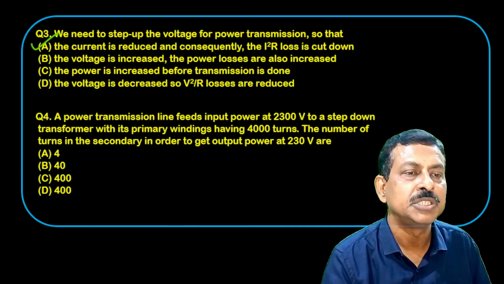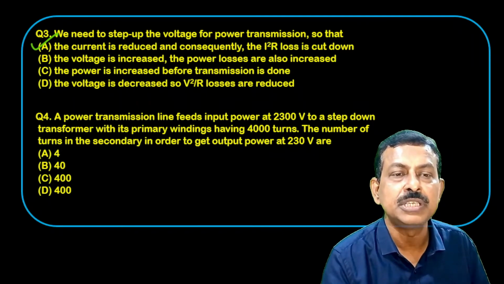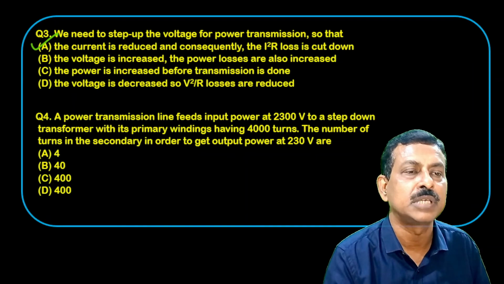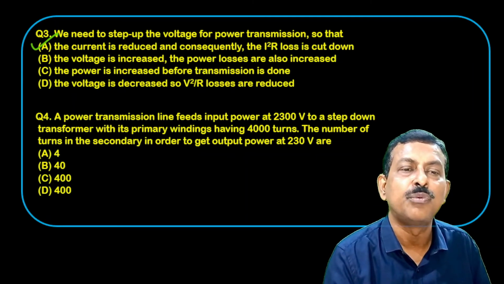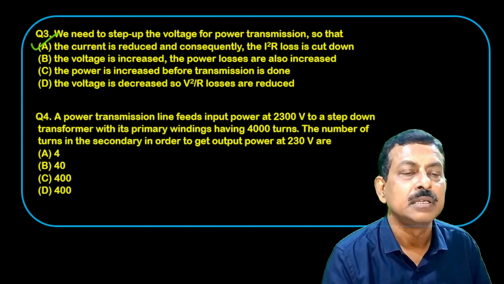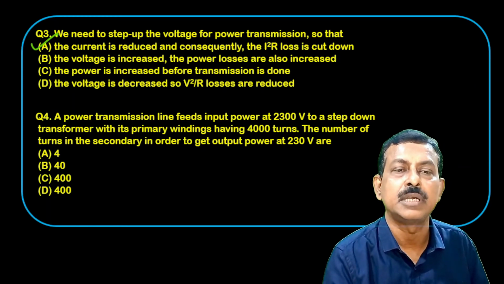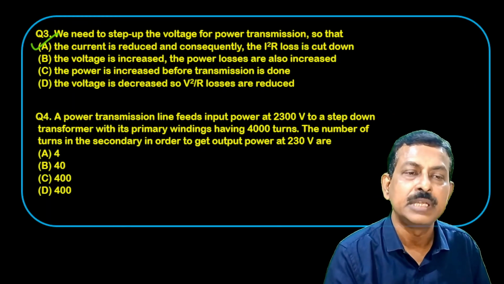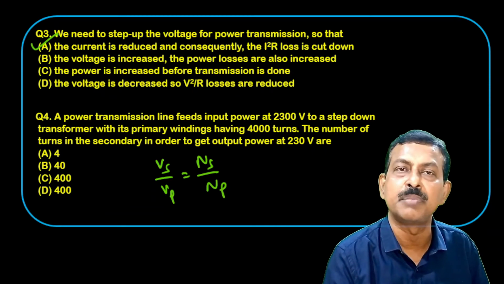The power transmission line feeds input power at 2300 volt to a step down transformer with its primary winding having 4000 turns. What is the number of turns in the secondary in order to get an output voltage of 230 volt? Now here you know that the voltage in the secondary to the voltage in primary is related to the number of turns in secondary to the number of turns in primary.